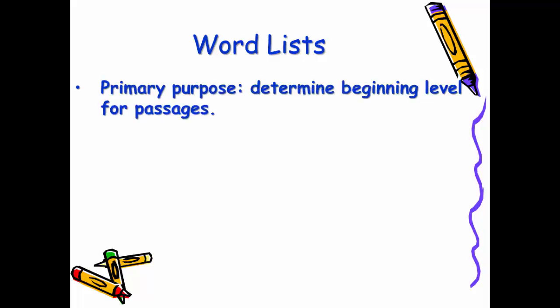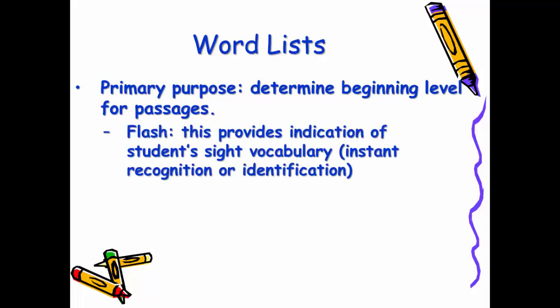All right, so we're going to start with, after the interviews, we move to the word list. Folks, the manual has pounded it in. This is not real reading. Why do we give it? Because through the word list, you identify the beginning grade level for the passages that you should use.